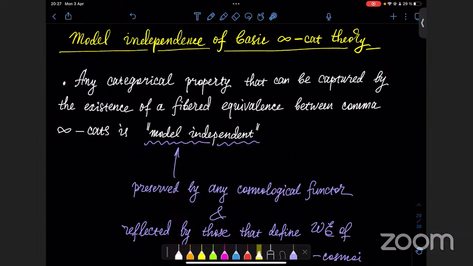So if you can characterize something via this comma infinity notion, then you get some model independent notion.